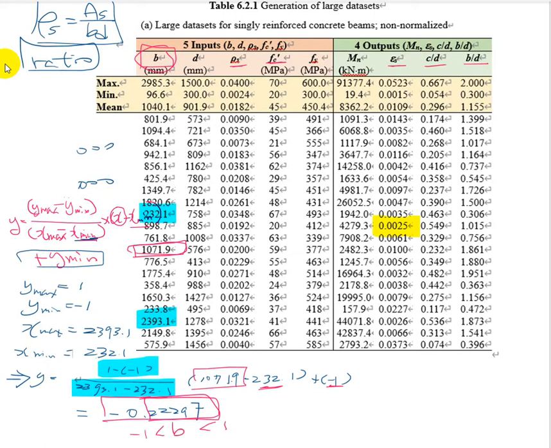So B is normalized as a number between -1 and 1 from 1071.9.